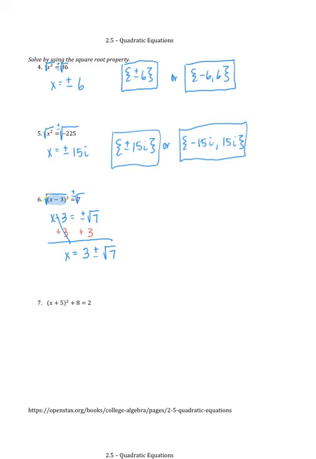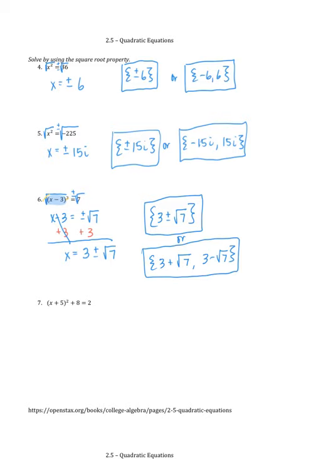And that is all you can do because you don't have like terms. So your solutions are 3 plus or minus the square root of 7. And again, remember that that's 2 answers. So you could also put in 3 plus the square root of 7, comma, 3 minus the square root of 7. Those are your 2 answers, okay?